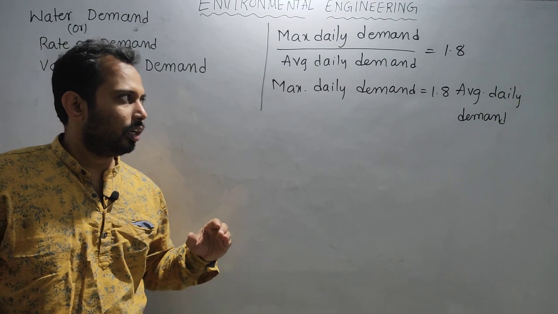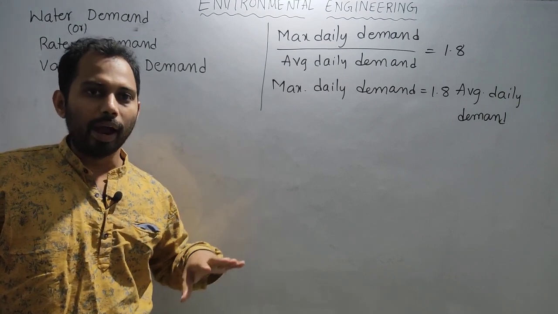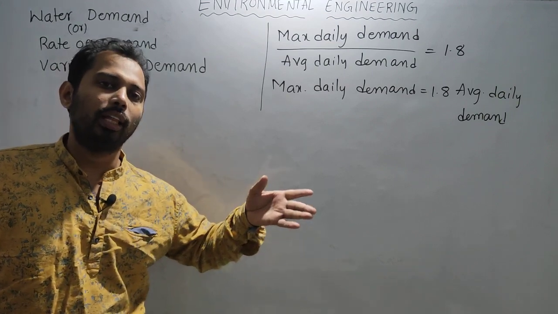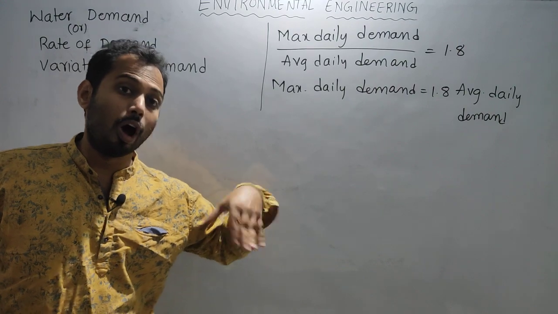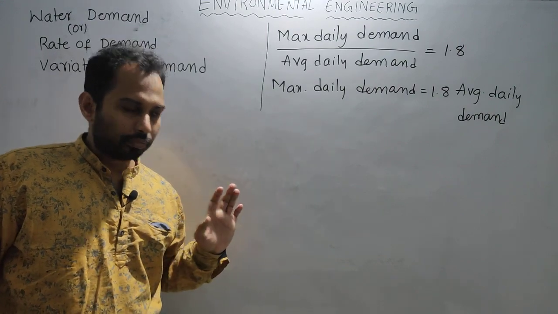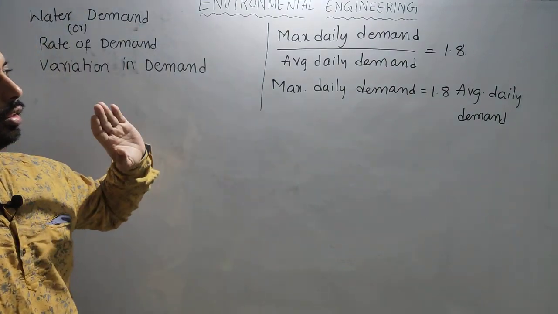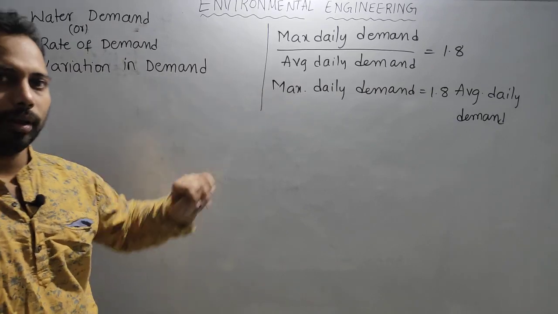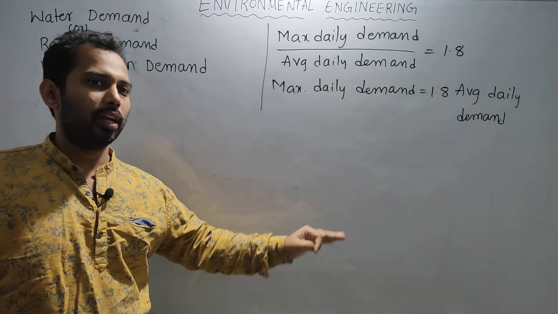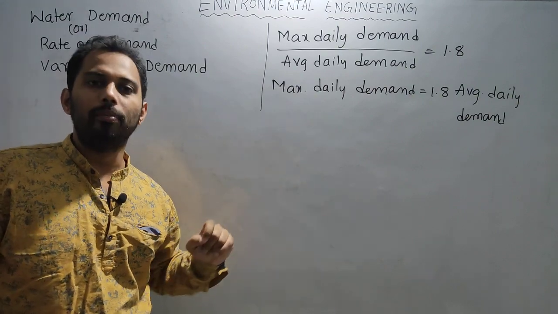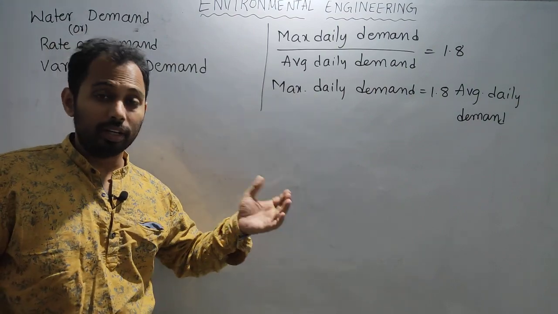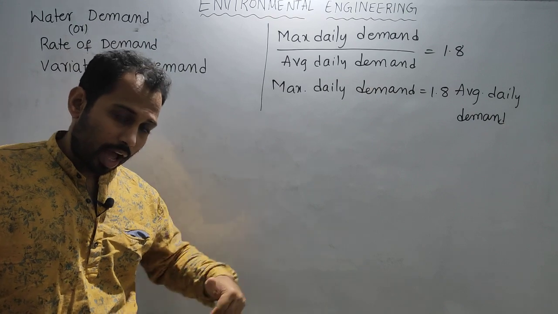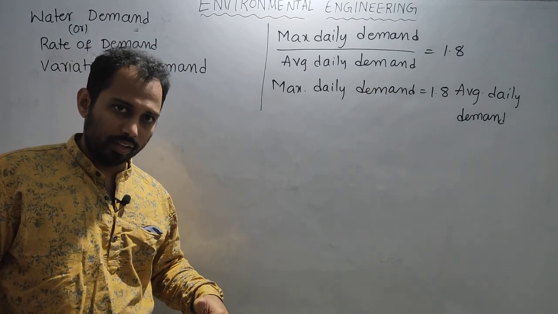So in hourly demand we have to take the hourly demand into account along with the fire demand. But in daily demand, on a particular day the fire will happen, so on that particular day there will be fire demand, so you can add it separately. But in hourly demand it is not the case.